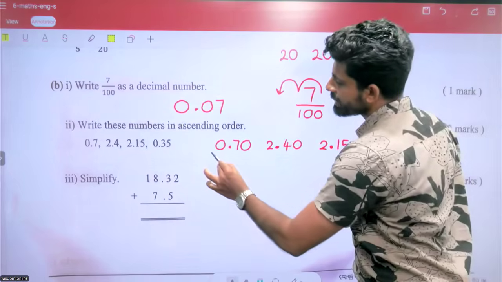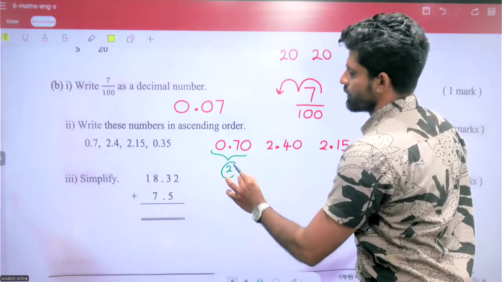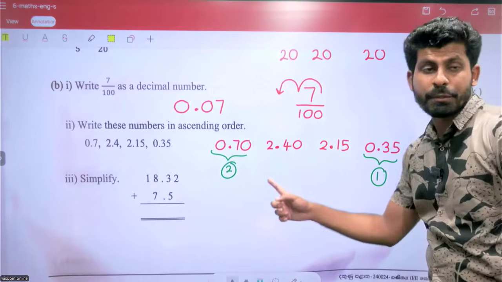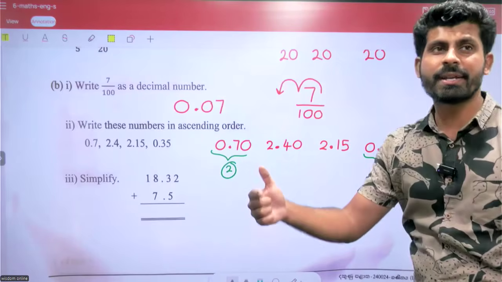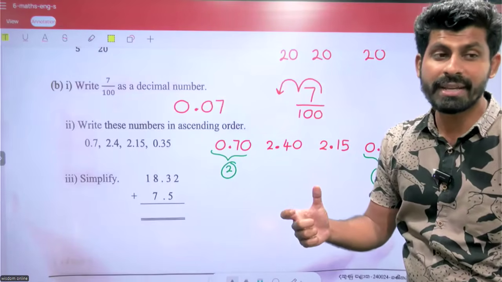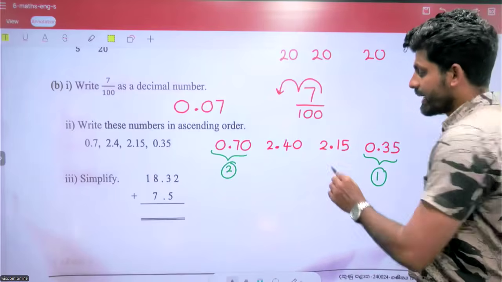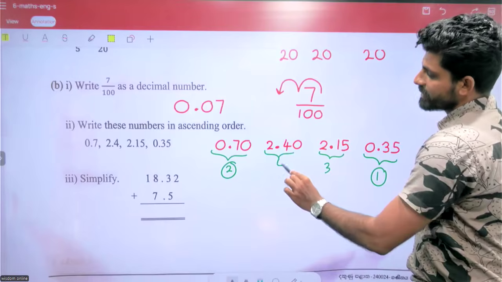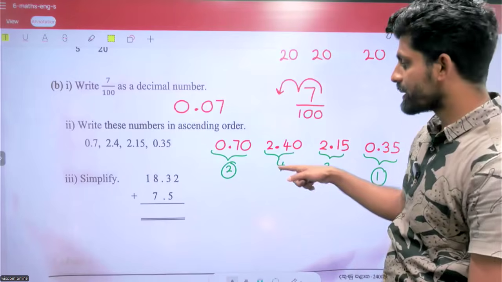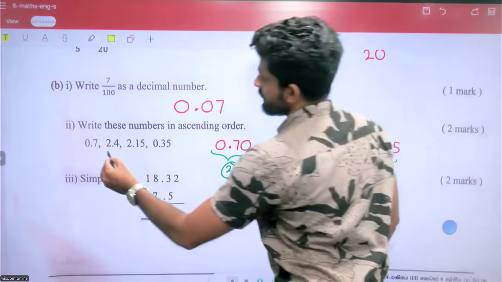Then the second one is this one. Then 2.15, 2.40. That means this is the third place. This is the fourth place. So how to write down numbers in ascending order?